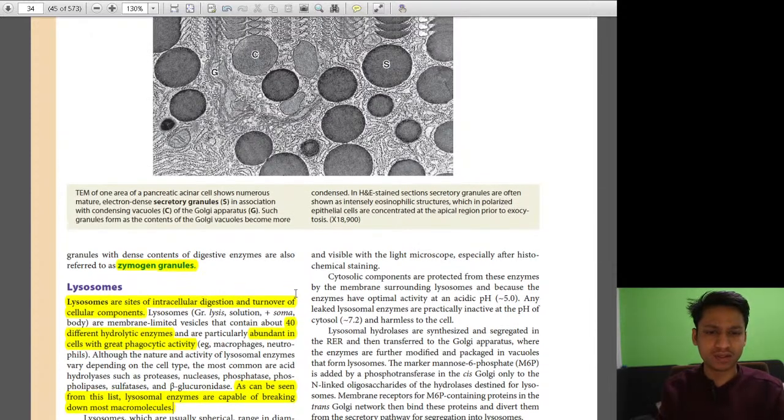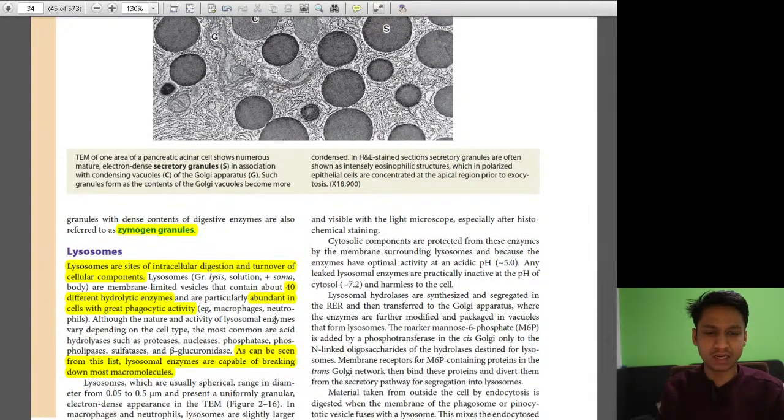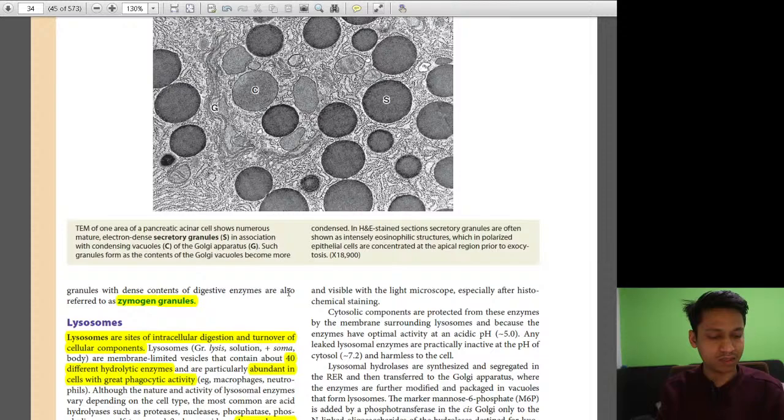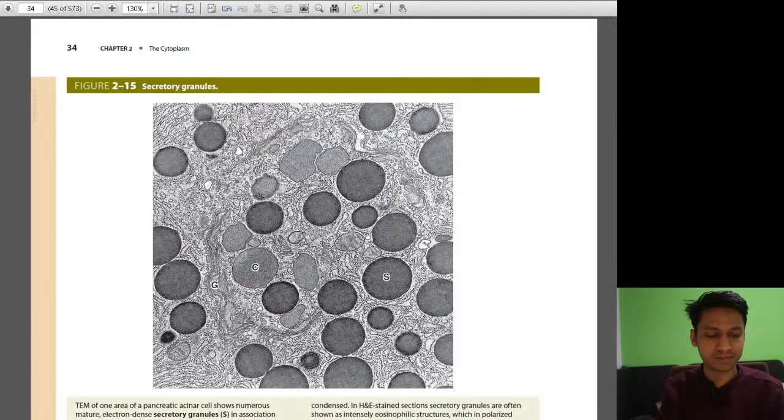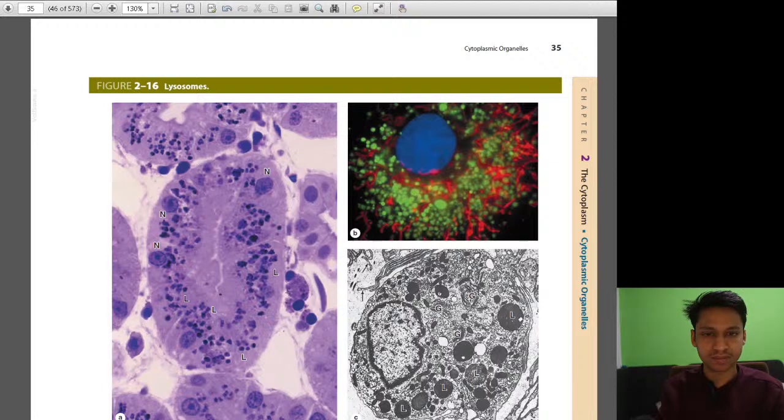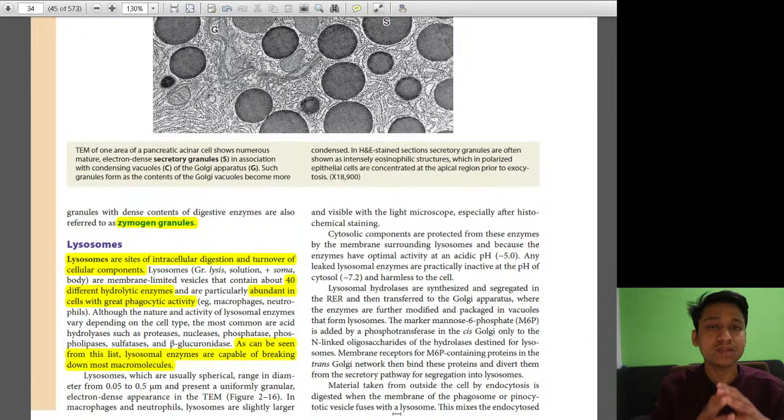We will see them in the electron micrograph in figure 2.16. Here in figure 2.16 we have a cell. G represents Golgi and L is the lysosome. These are the sites where we have an abundance of about 40 different types of hydrolytic enzymes.